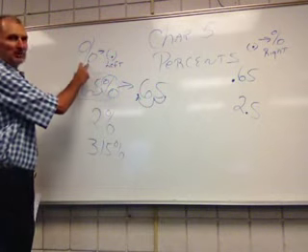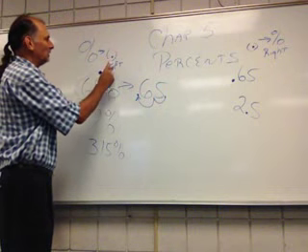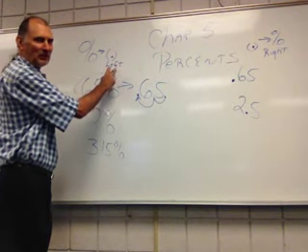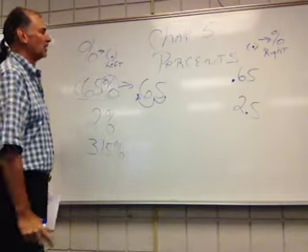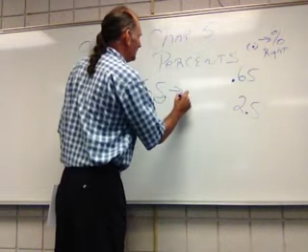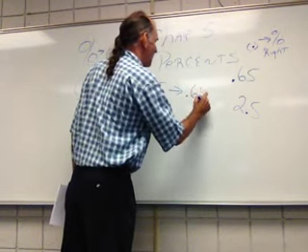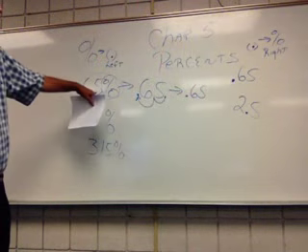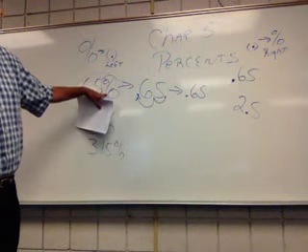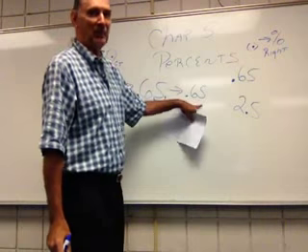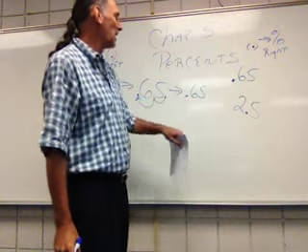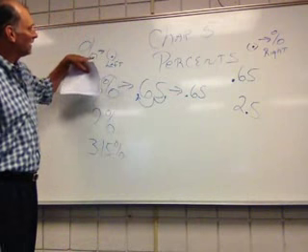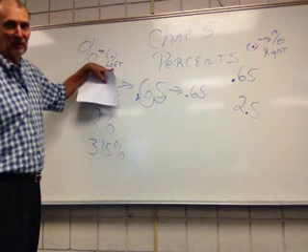When you're changing percent to decimal, you move it 2 places to the left. Once you've got that, that's your answer. You just took 65% and turned it into decimal form, 0.65. When you're changing percent to decimal, you move it to the left.